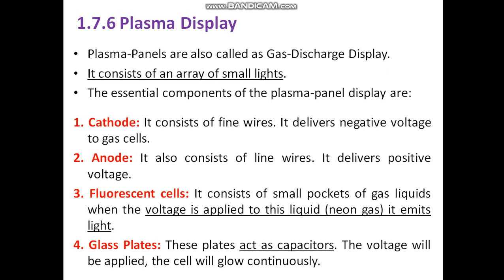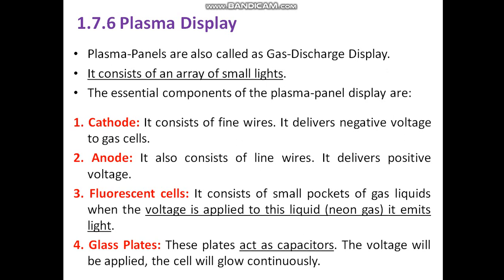It also consists of a fine wire. It delivers positive voltage, and it is the electrode through which current enters a polarized electrical device. In the cathode, current exits the polarized electrical device, and in the anode, current enters it.